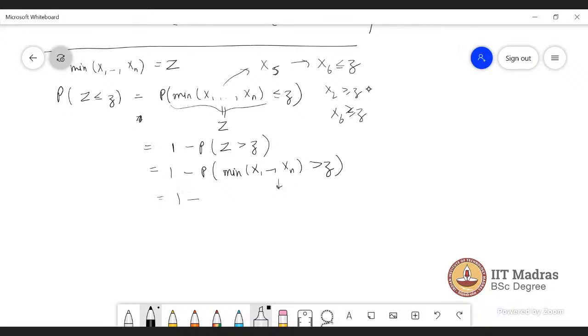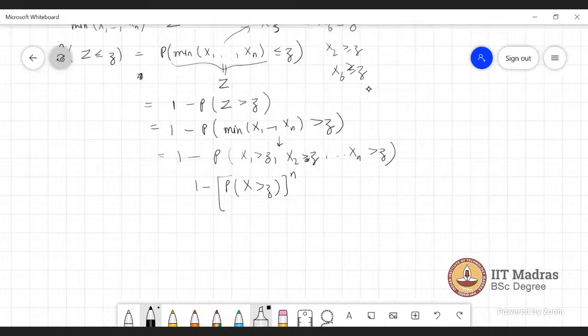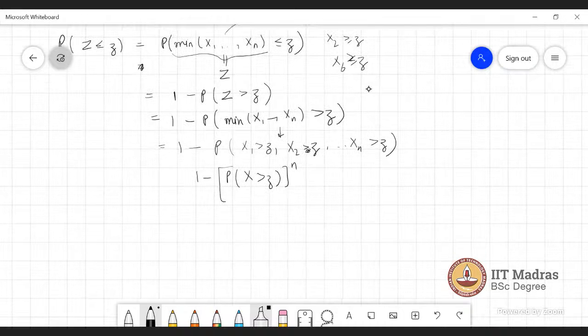So this is the probability that x1 is greater than z, x2 is greater than z, up to xn greater than z. Since these are all IID, I can write the probability of x greater than z to the power n. So this is your CDF for the minimum of random variables.